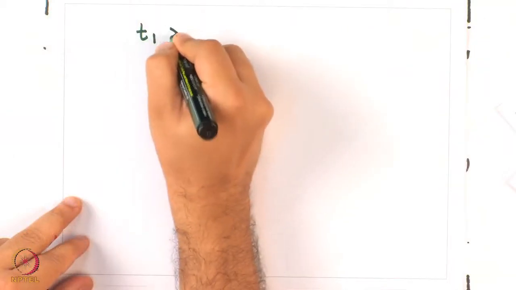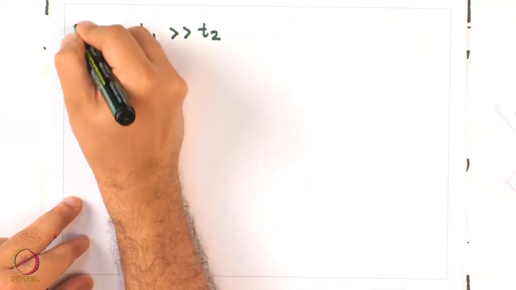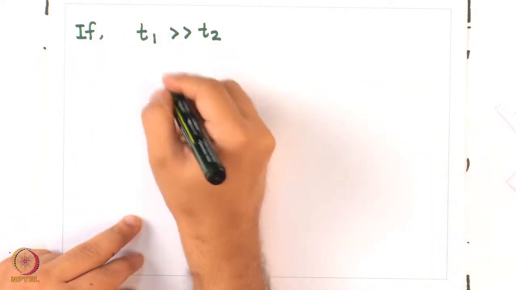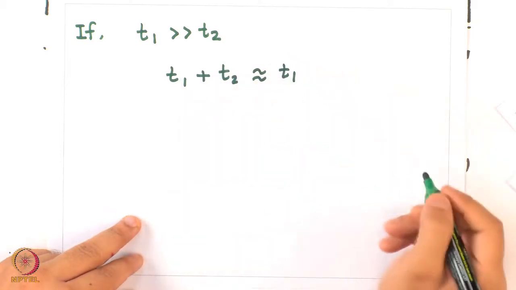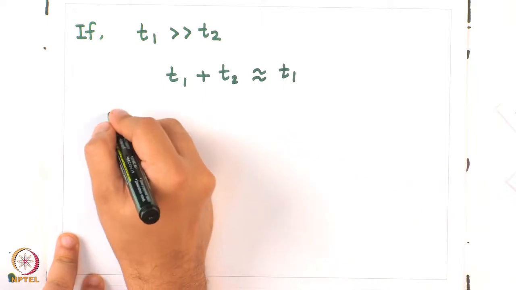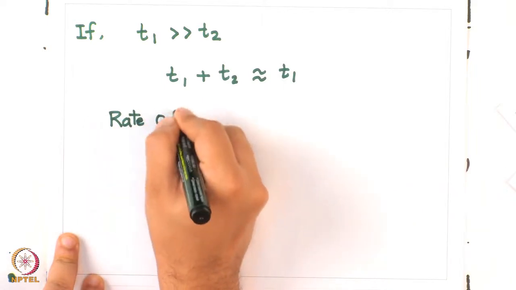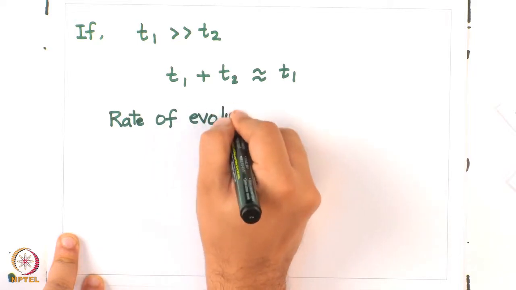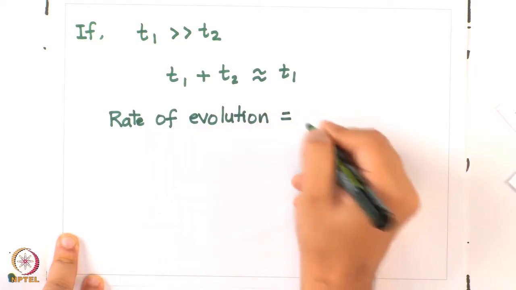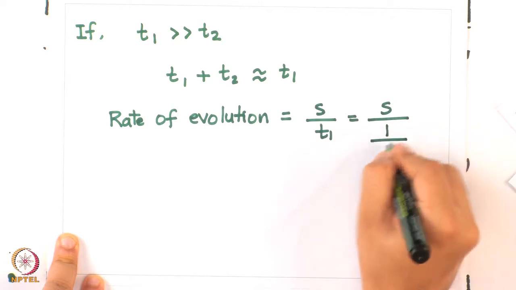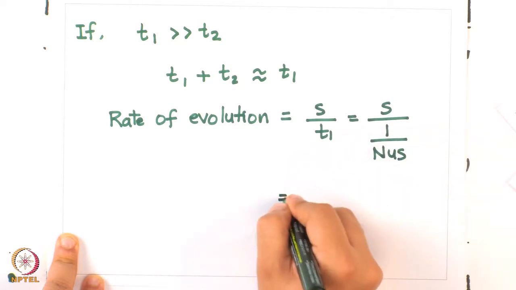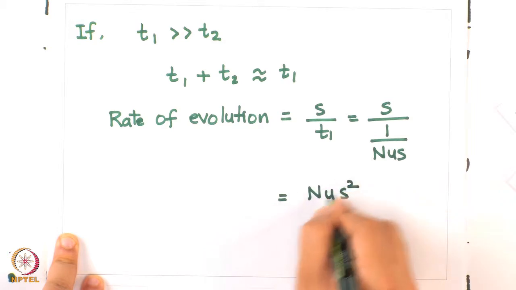But what that also means is that if T1 is much bigger than T2, then we can write that T1 plus T2 is approximately equal to T1, which just means that the rate of evolution is just equal to S upon T1, which is S upon 1 divided by NUS, which is equal to NU S square.